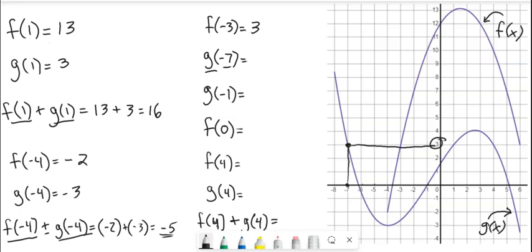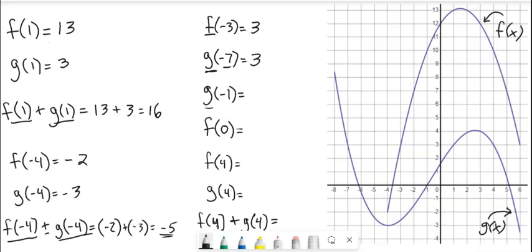Look at that, g of negative 7 is also 3. This is a great example of a situation where we have a different input but the same output. But these aren't the same functions. This one is f, this one's g, so we don't want to mix those up.